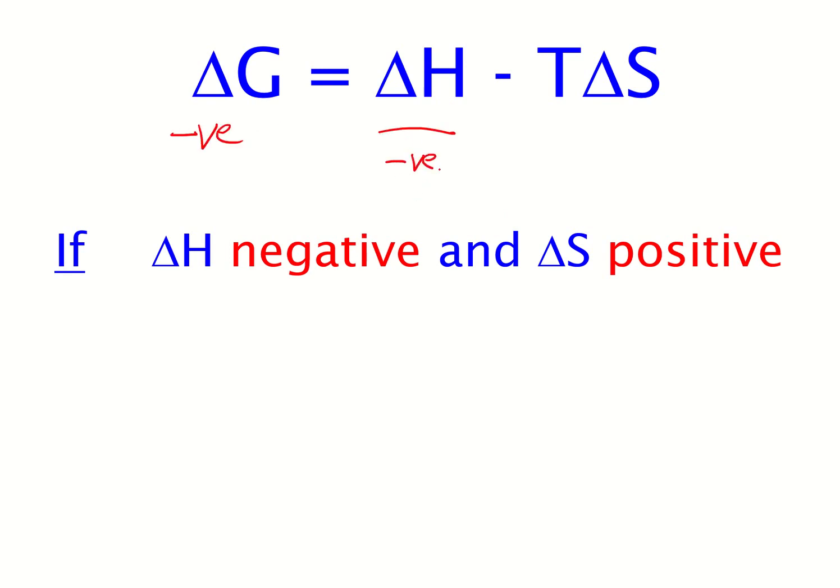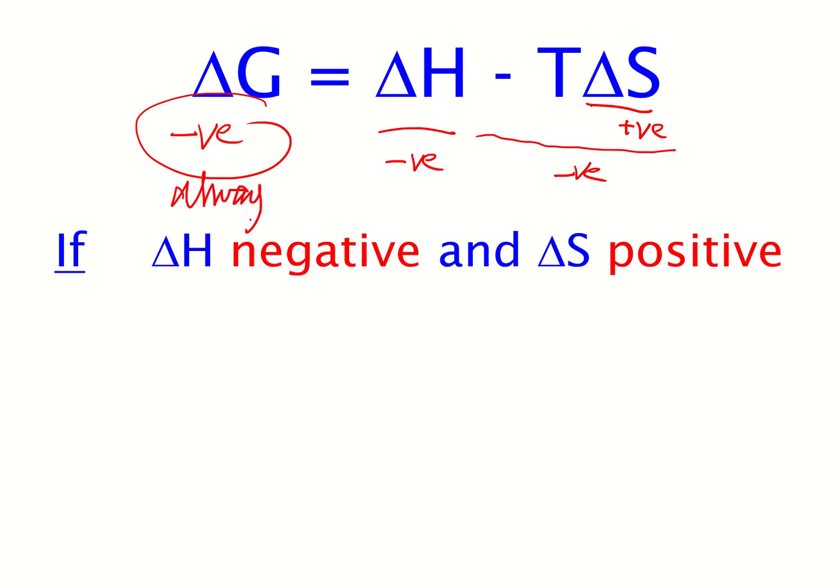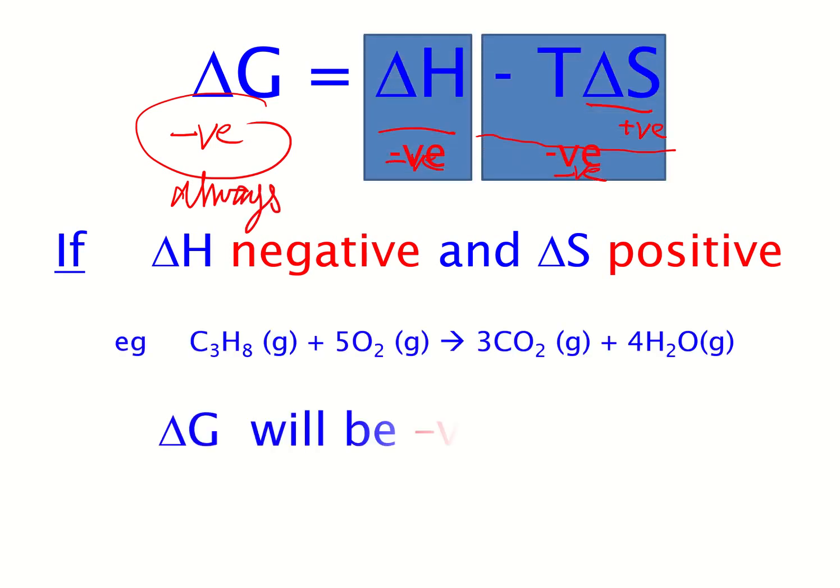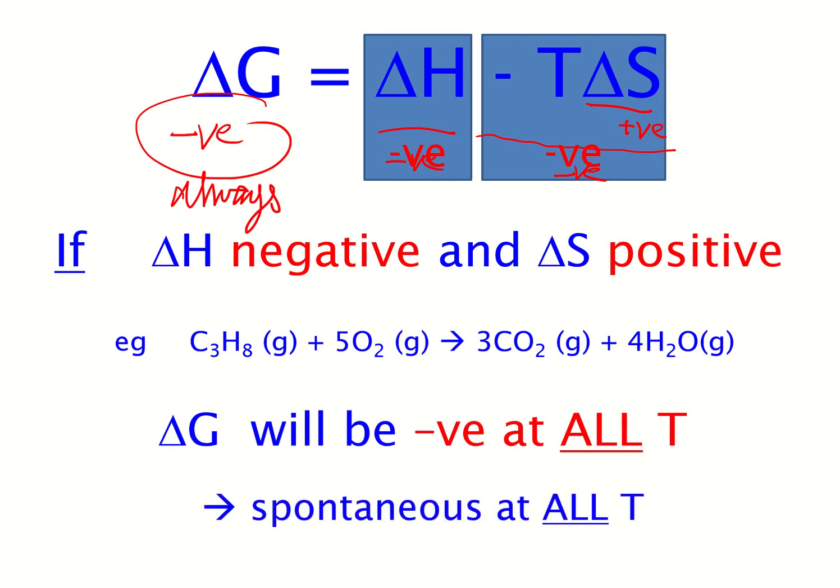This is already negative. My delta S is positive, but remember it's this term here, so that term must be negative. So everything is negative on the right, so this reaction's delta G is always going to be negative. It's going to be feasible and spontaneous no matter what the temperature. So that reaction will occur at all temperatures. It's not temperature dependent at all.